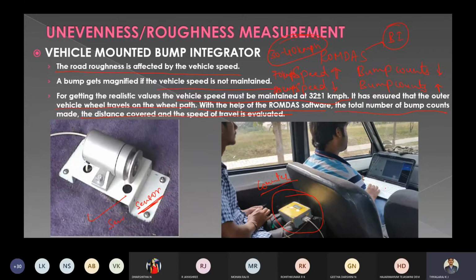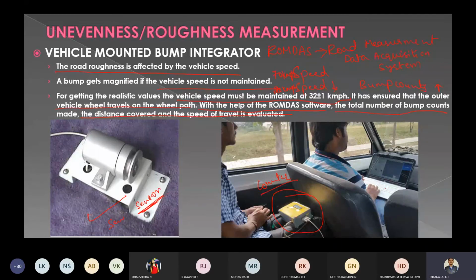It will be asked in your competitive exams. Ramdas is a software which is used to record the readings. Ramdas means Road Measurement Data Acquisition System.